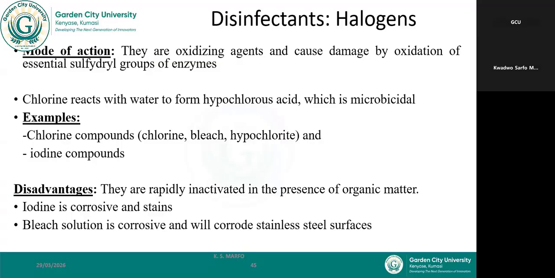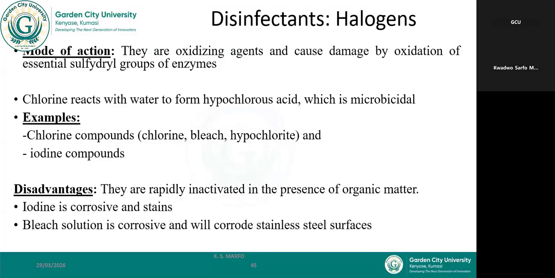But organic matter and other molecules like proteins, when they are in large concentrations, or the lipids, may inactivate these halogens.